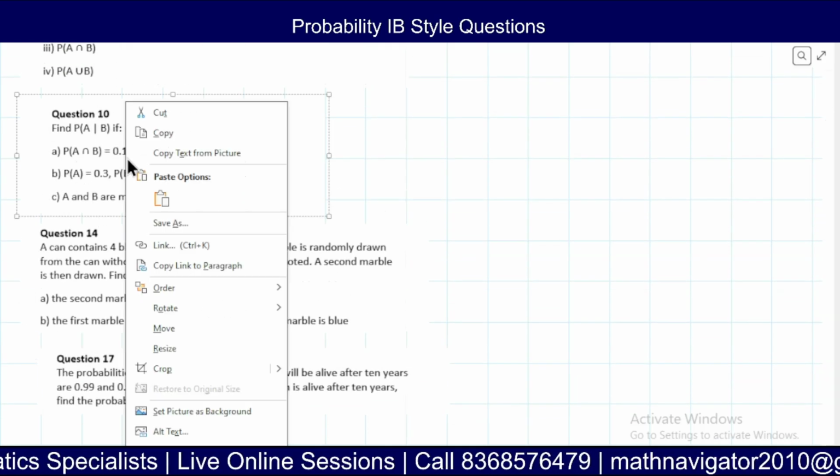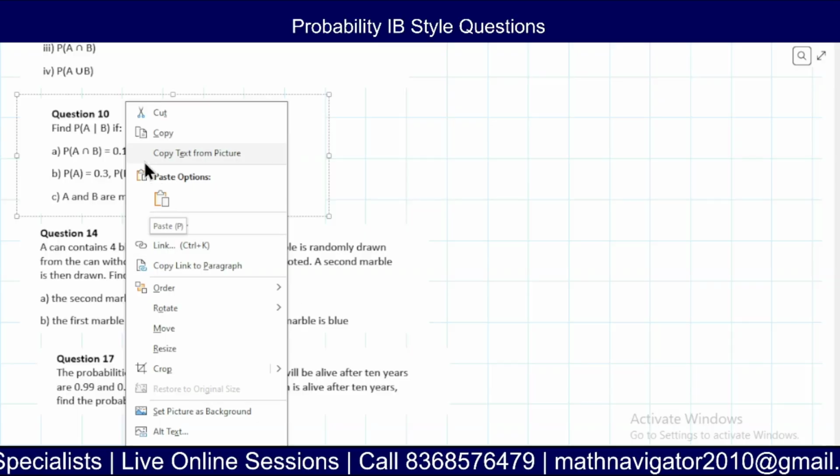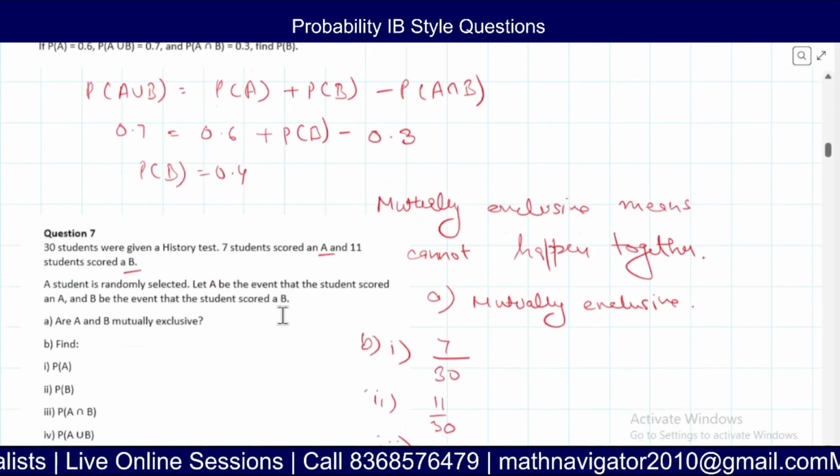This is a question from conditional probability, as I can see.